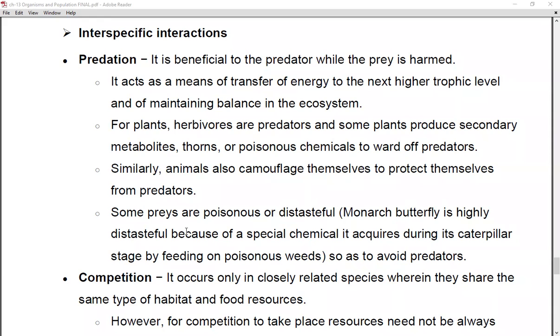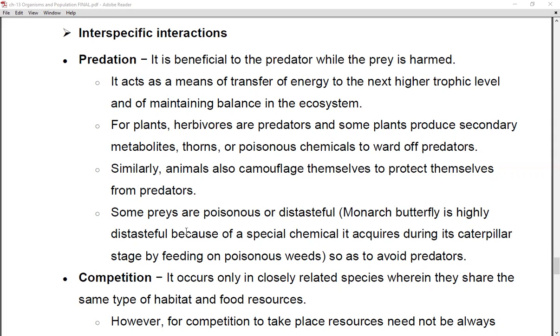Now it acts as a means of transfer of energy to the next higher trophic level and of maintaining balance in the ecosystem. As you know, for balancing the ecosystem, the proper food chain and food web should be carried out, and for this the energy should be passed from one trophic level to the next.